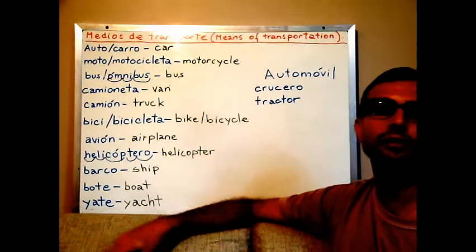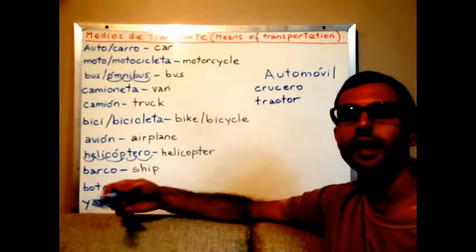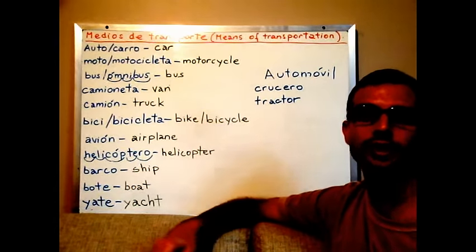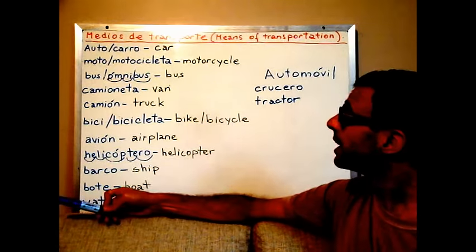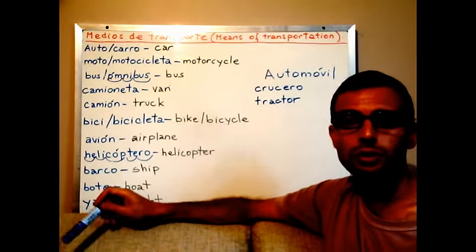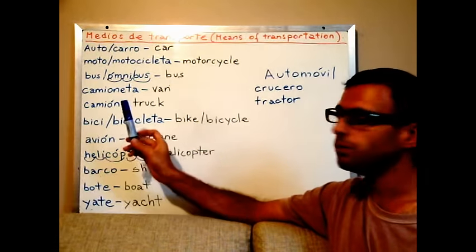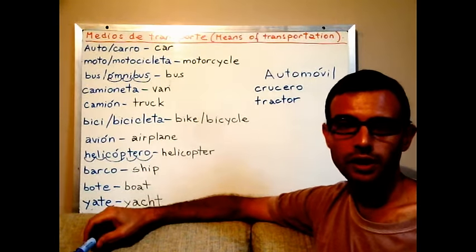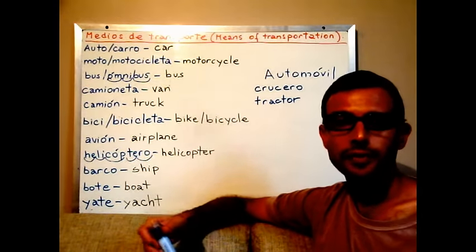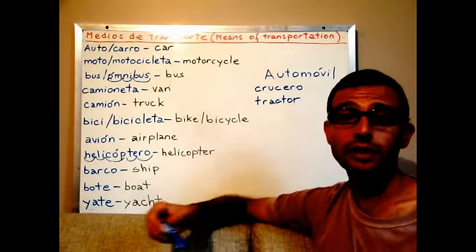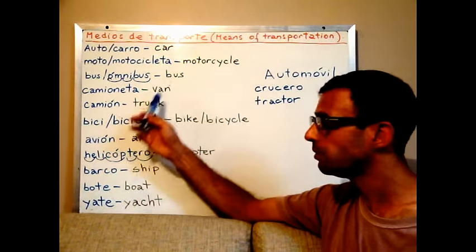Then we have the streets, the sidewalks, the traffic lights. We'll see that later. In our next class I want to show you some sentences using some of these words, so we can see how the Spanish sentences are structured and we can use these words.